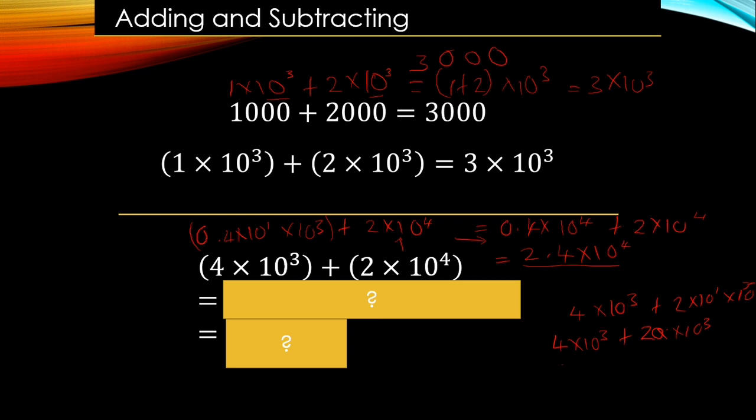Then it will be 20 plus 4, which will give us 24 times 10 to the power 3. But now this 24 is not in standard form because it is greater than 10. What we need to do is reconvert this number to a number between 1 and 10, 1 included and 10 excluded, which will mean that we have to again come back to 2.4 times 10 to the power 1 times 10 to the power 3, which was a step we already did in another calculation, and it will be 2.4 times 10 to the power 4.